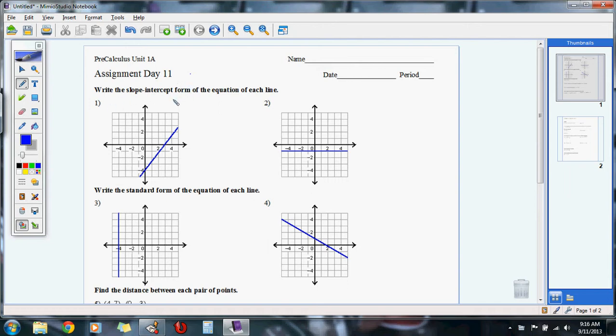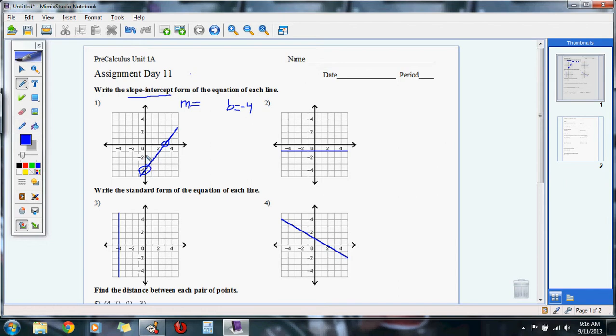The first one: write the slope-intercept form of the equation of each line. When we're doing slope-intercept form, remember we basically need the slope and the y-intercept. Looking at my graph, I always want to pick points that are nice and solid on the grid lines. I've got this one here as my y-intercept of -4, and for the slope, if I go between these two points, I should be able to count rise over run.